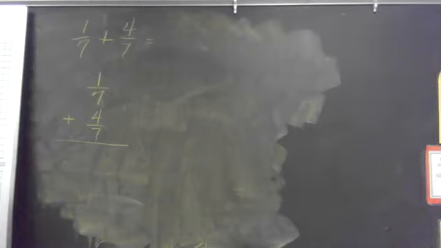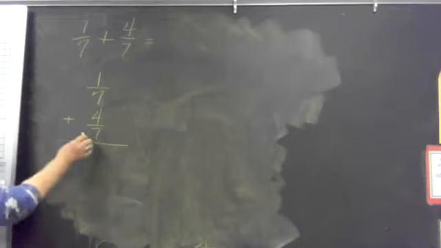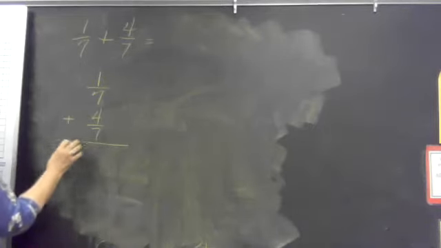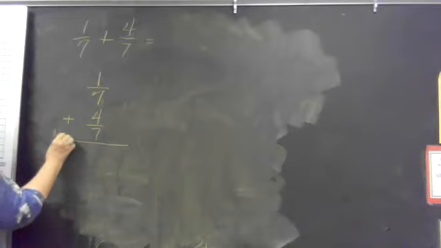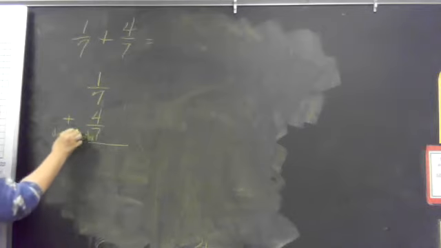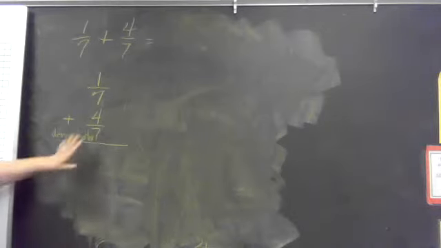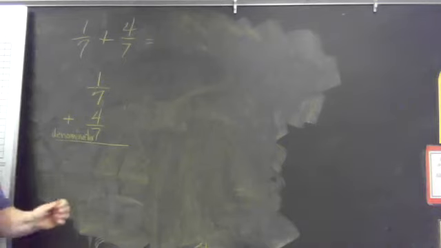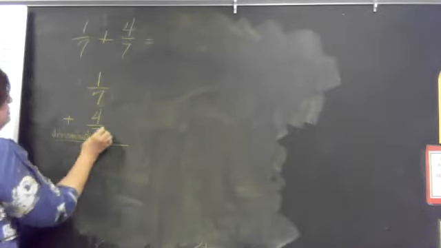Now, before we even start, you've written it, then we look at the bottom. Remember, the bottom part of the fraction is called the denominator, and that's why we call it common denominator, okay? Common means the same, so the very first thing we're going to do is look at both the denominators. Believe it or not, in this particular problem, they have a common denominator because the denominators are the same, right?